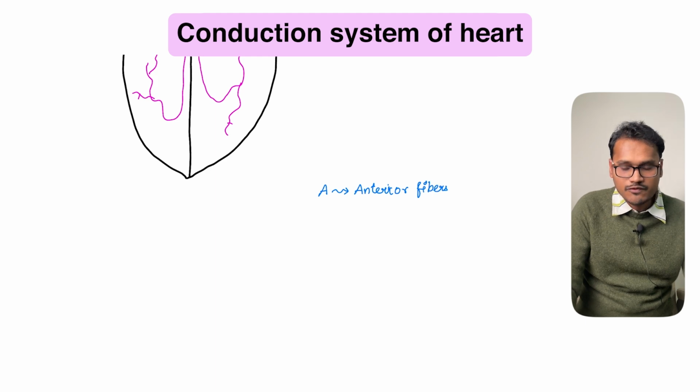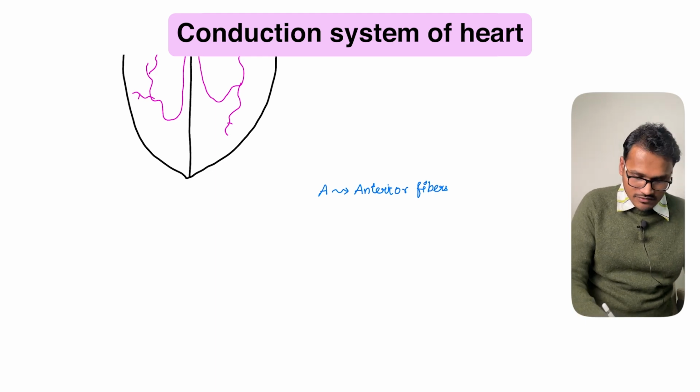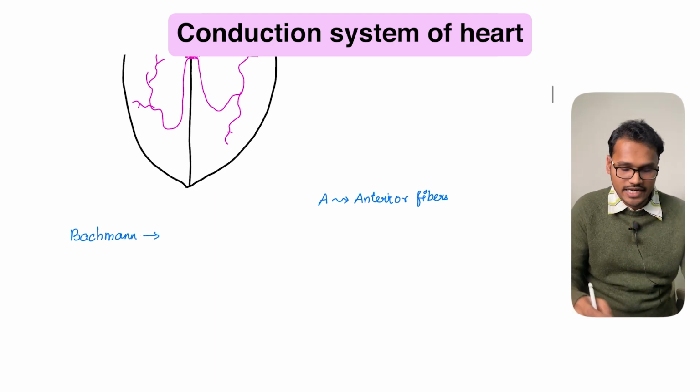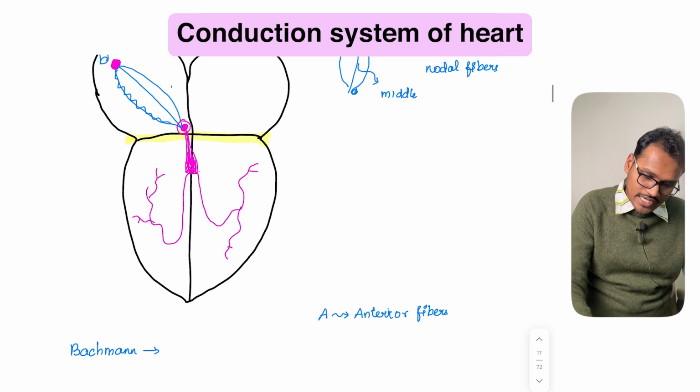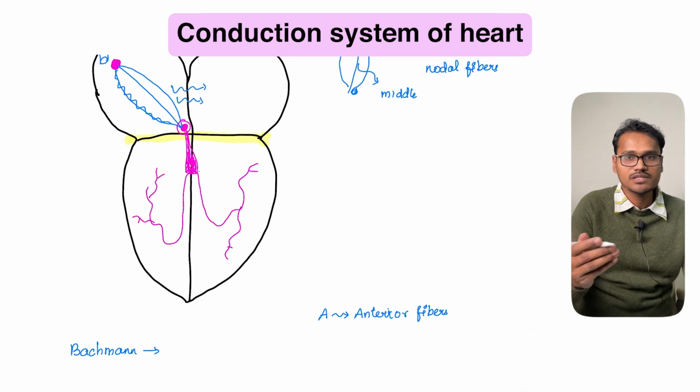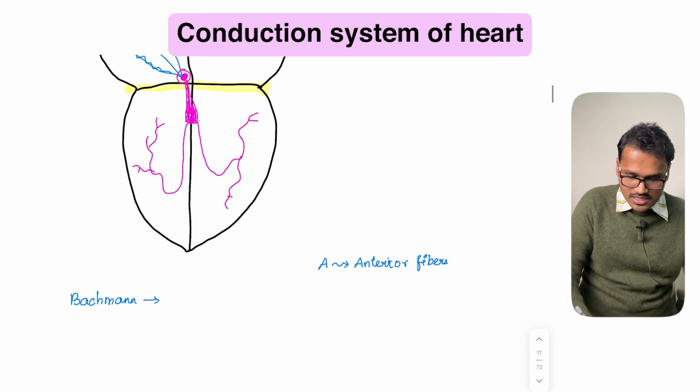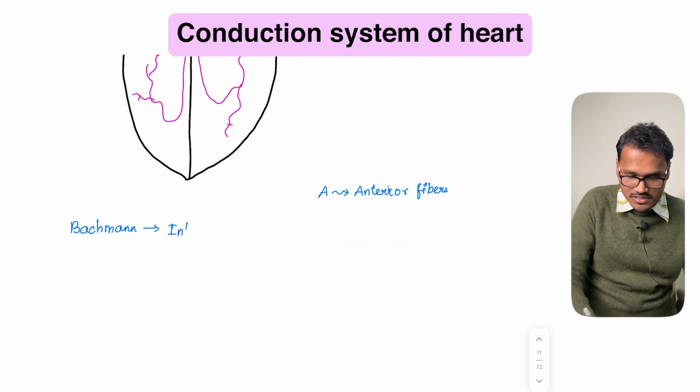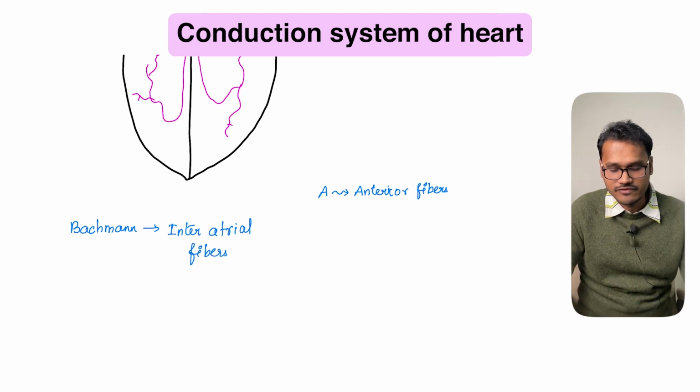So nowadays, which fibers do we call Bachman? The Bachman fiber name is given to the fibers in between the two atria. From one atrium, some fibers go to the other atrium, for example, from the right atrium to the left atrium. These interatrial fibers, in between the atria, are called Bachman fibers.